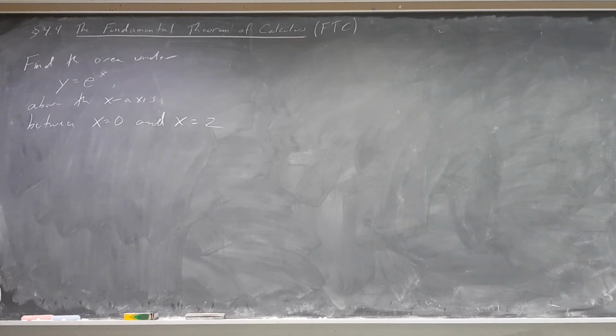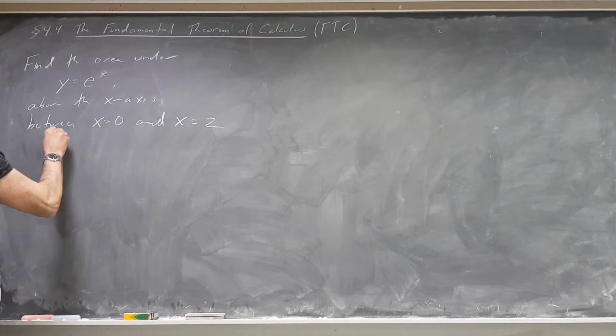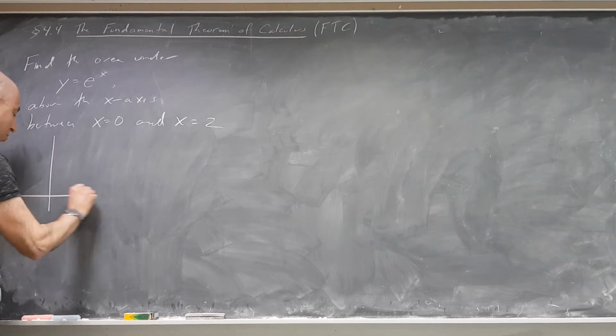Find the area underneath the curve y equals e to the x above the x-axis between x equals 0 and x equals 2. So we don't need a picture, but I'm going to sketch one anyway.